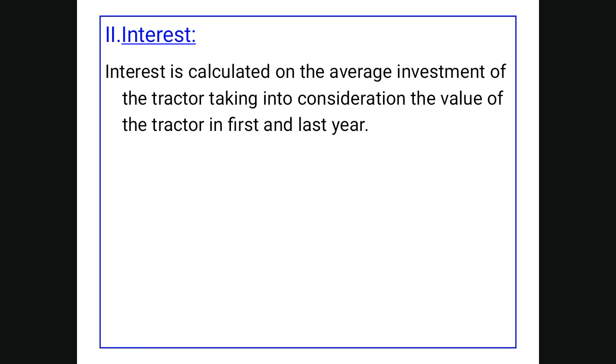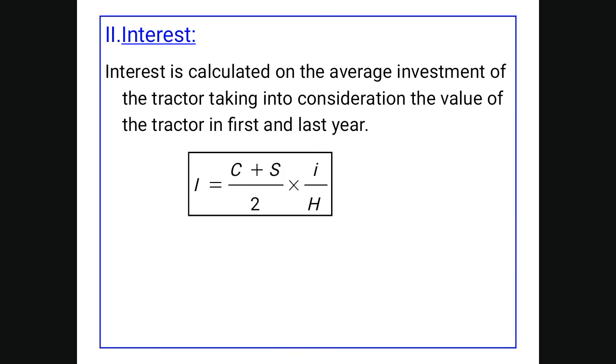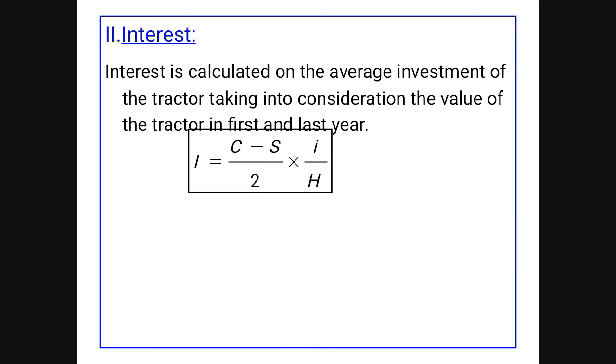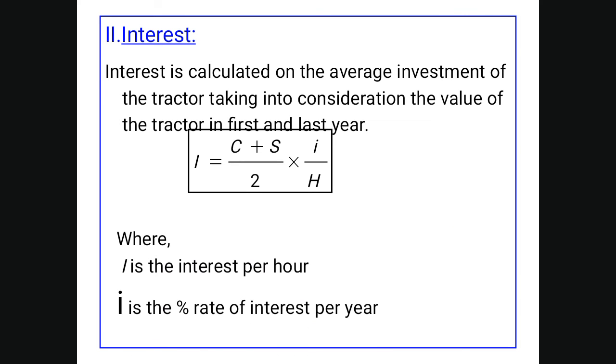The interest is calculated on the average investment of the tractor, taking into consideration the value of the tractor in the first and last year, equal to (C plus S) by 2 into small i by H, where I is the interest rate per hour and small i is the percent rate of interest per year.